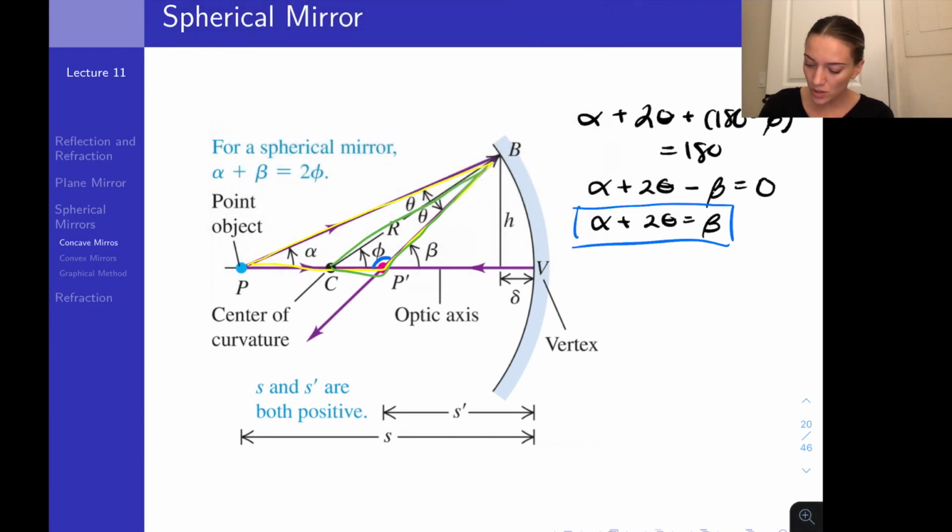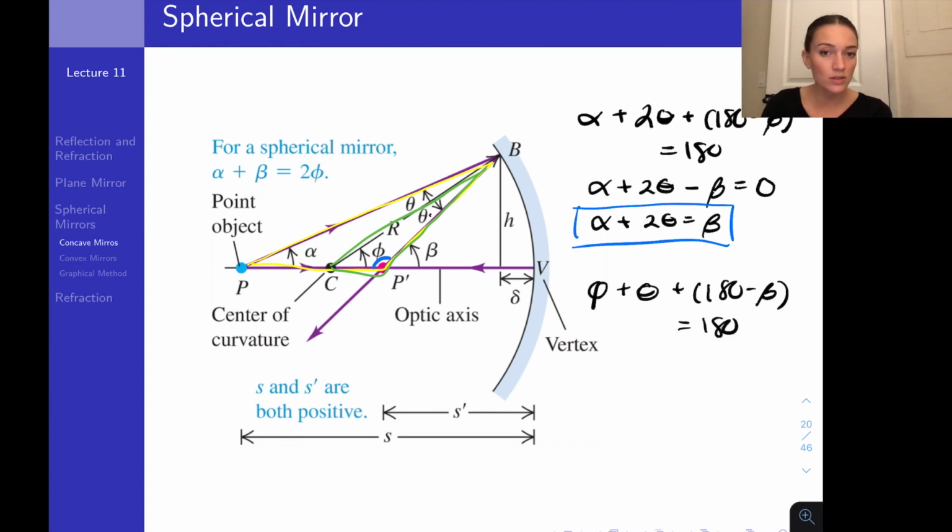For this green triangle here, this angle now is phi. So I can write phi plus, then this angle here is theta. So phi plus theta, plus this angle here, which again I can write as 180 minus beta, is going to also be equal to 180, right?